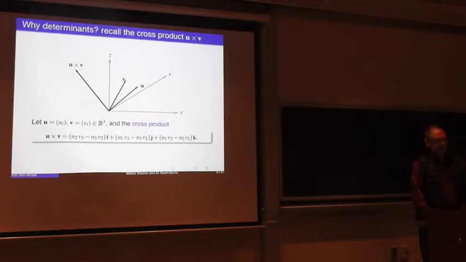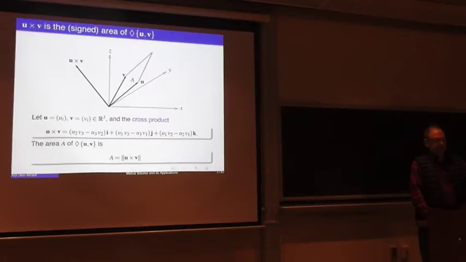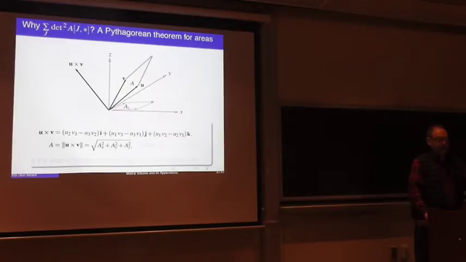And here is what we teach students in calculus, the cross product of U and V. And the area of the parallelogram spanned by U and V is the norm of that cross product. But if you do Pythagoras on that vector, you get that the area is the square root of the sum of squares of areas.